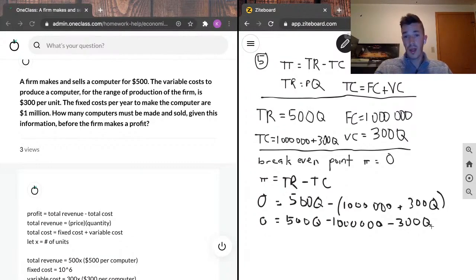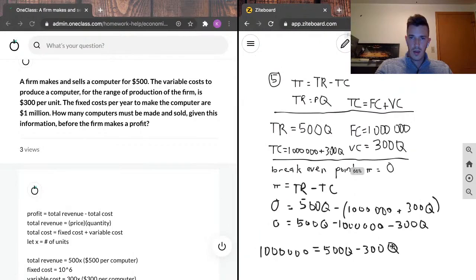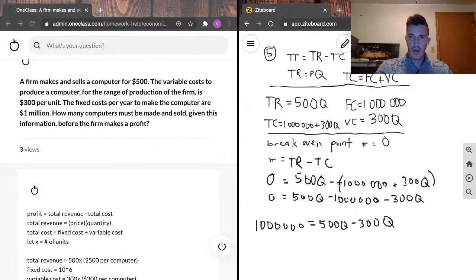From here, we want to group like terms. So what we'll do is move the million over. So we've got 1 million equals 500Q minus 300Q. Just a little more.